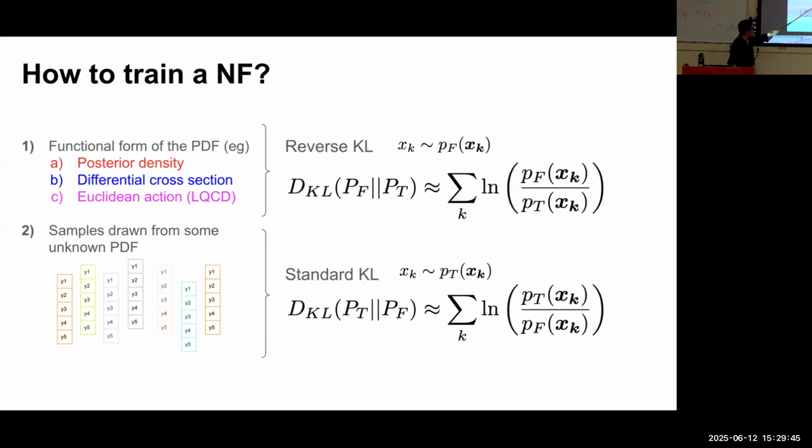Notice that in this case, I don't have this PT. I don't have the probability of the true because I only have a sample. So I don't need to actually draw anything. I already have the samples. All I have to do is evaluate this. It's convenient to have it. Otherwise, I cannot carry out that integral.